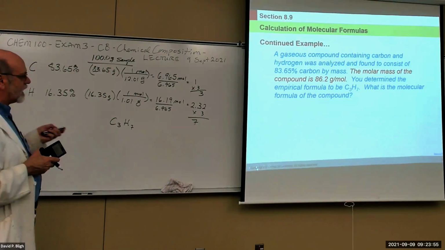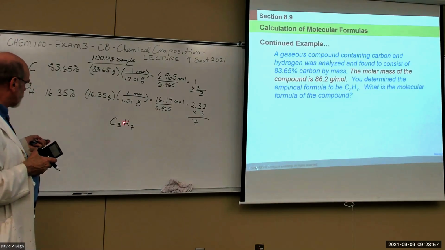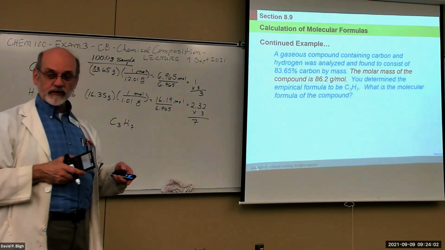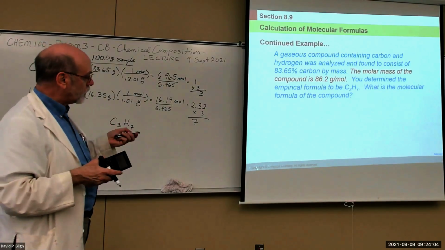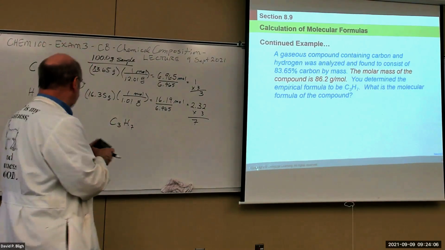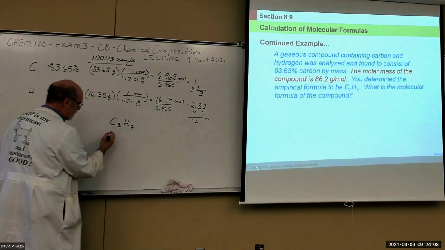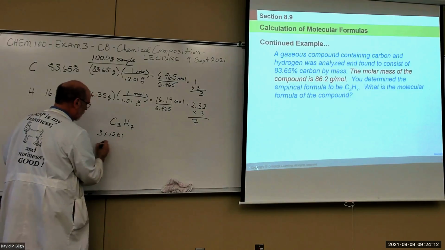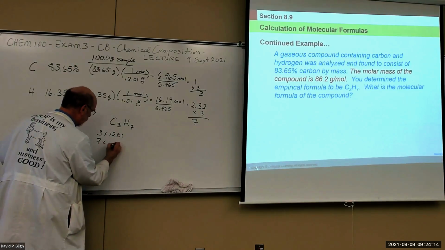the molar mass of this compound, if we say 3 times 12.01 and 7 times 1.01, add them together, you get 86, excuse me, no you don't. What do we get here? 3 times 12.01 plus 7 times 1.01.